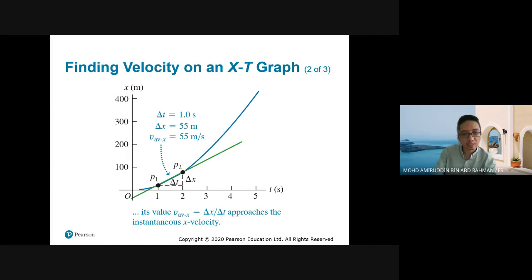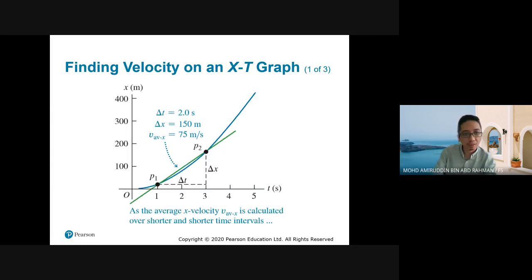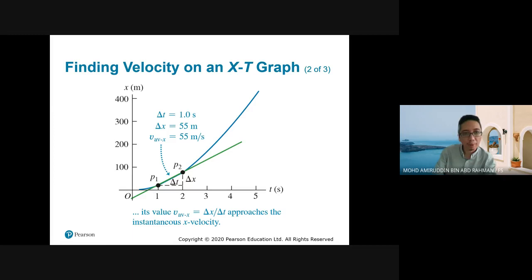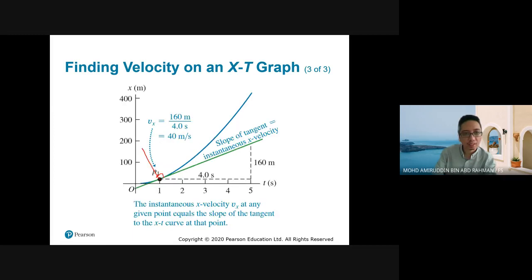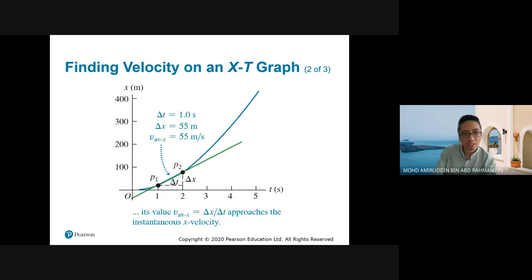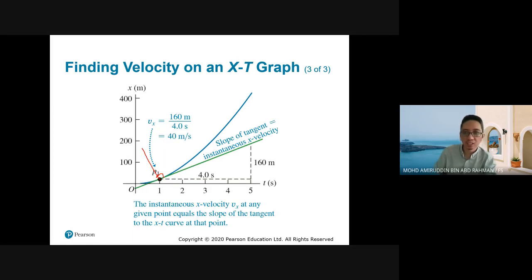As you can see, when you are looking at the instantaneous velocity, it will actually decrease when you're looking at the initial point.